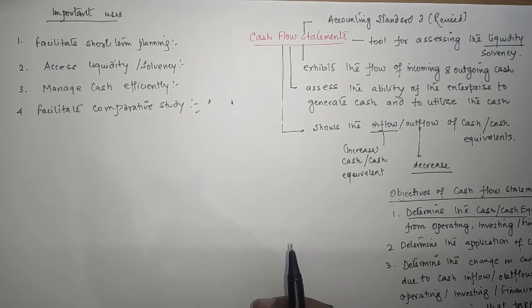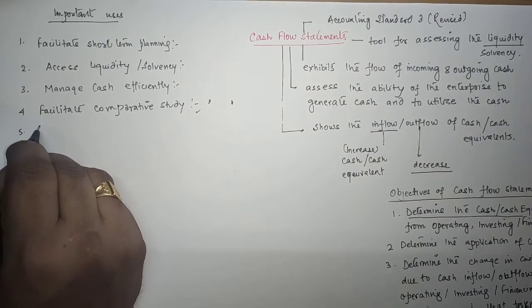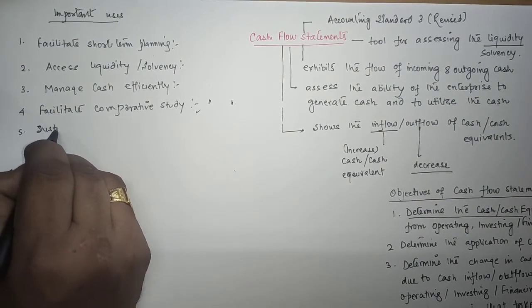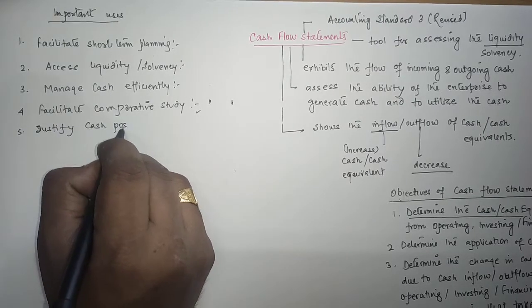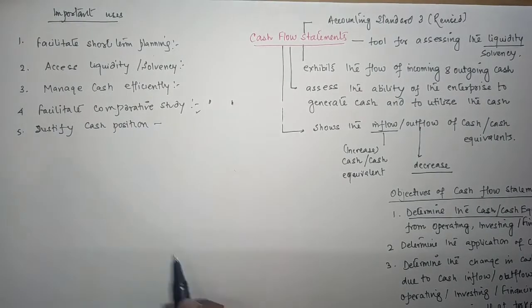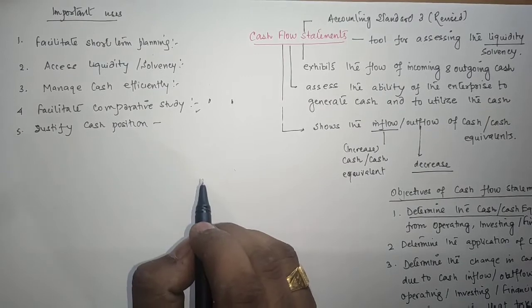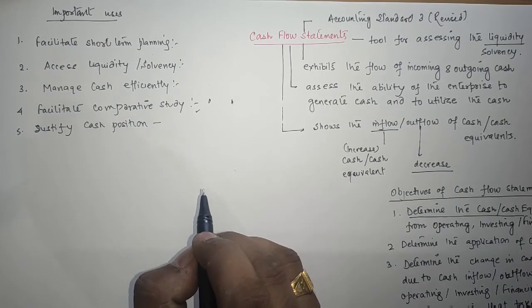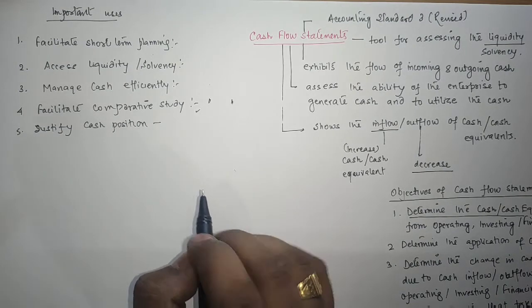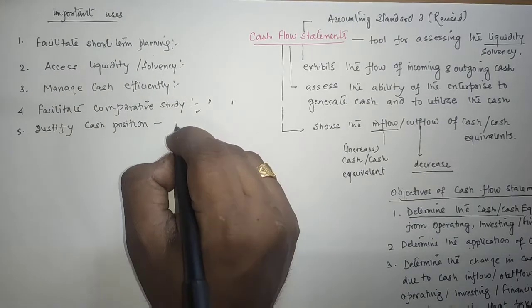The next one is justify cash position. It is prepared to record all the cash inflows and outflows which result in surplus and deficit of cash, and it becomes easy for the organization to identify the items where there is increase and decrease in the cash balances.